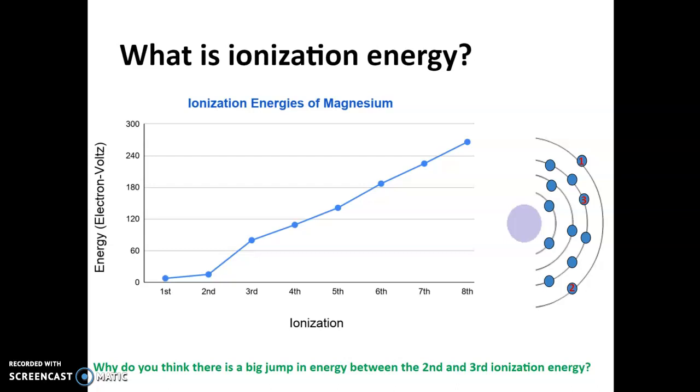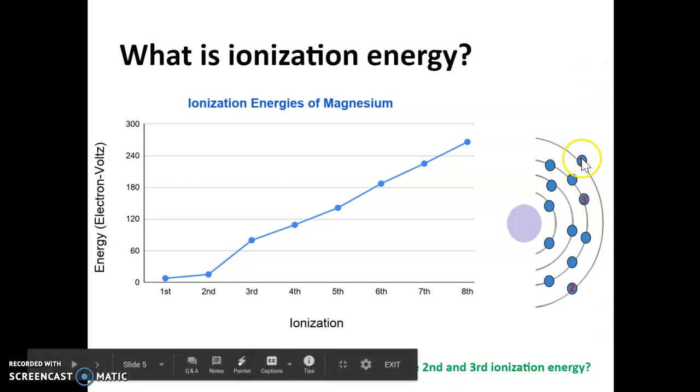The atom that we've been looking at, in my estimation at least, is magnesium. So we took the first one off the top, and then we took the second one, and it's always a little bit harder to take the second one.